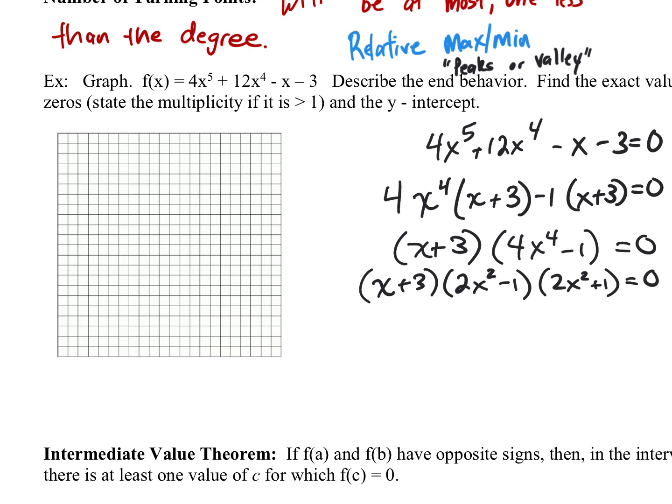That means we will have x-intercepts at plus or minus 1/2, and we're taking the square root there, as well as -3. Just so we know, we can rationalize this. This would look like root 2 over 2.